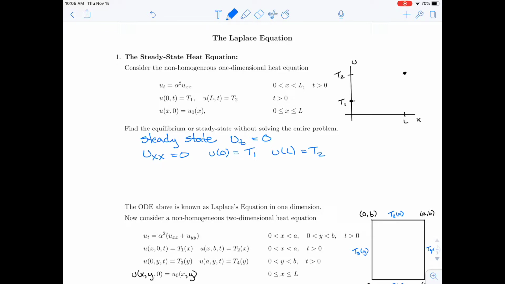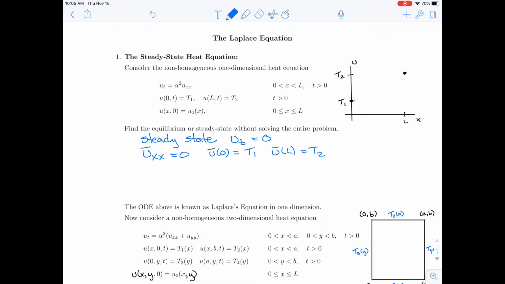And since this is a steady state, I will refer to the steady state temperature as maybe u bar. This boundary value problem that you see before you is actually the Laplace equation in one dimension.